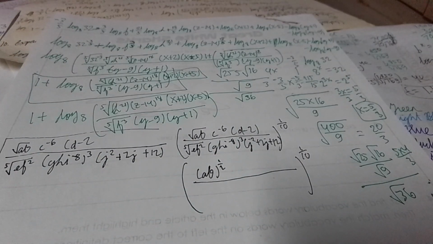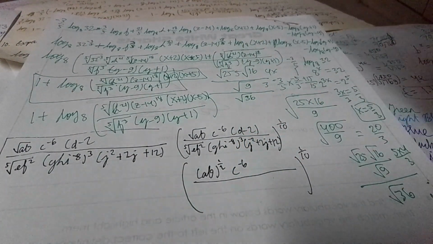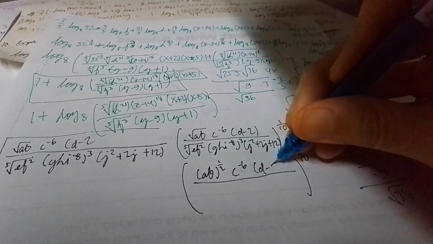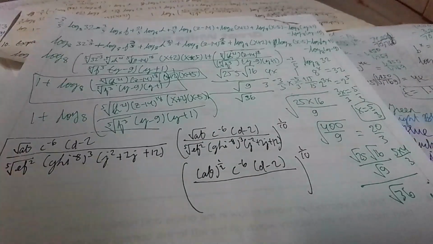So therefore, it's AB raised to the 1/2 power. What's next? Remember, the C raised to the negative 6, just leave it there. D minus 2, just leave it there din. Wala tayong magagawa dito.